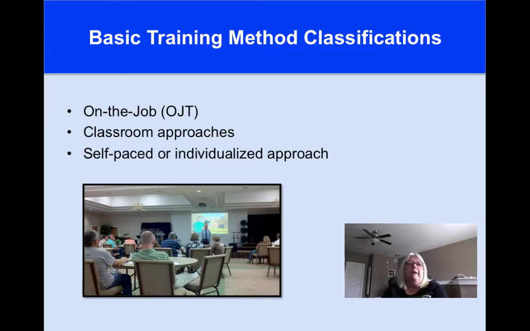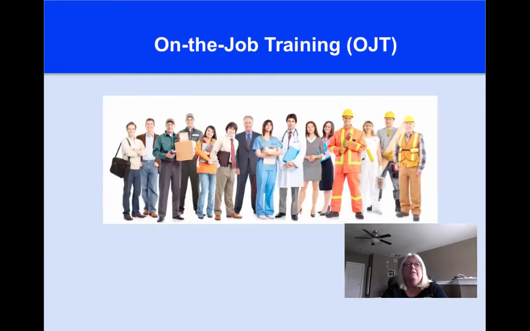So there are three basic types of training we're going to discuss: on-the-job training, classroom approaches, and self-paced or individualized approaches. So on-the-job training is where we conduct training at a person's regular workstation or where they actually do their job. And most employees receive some training in this manner.